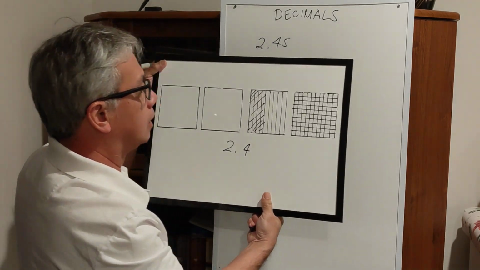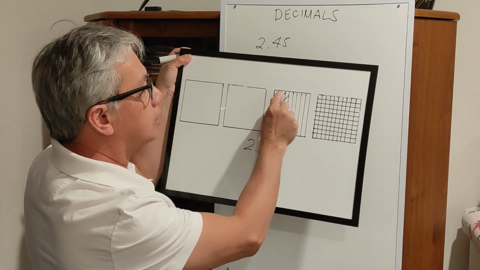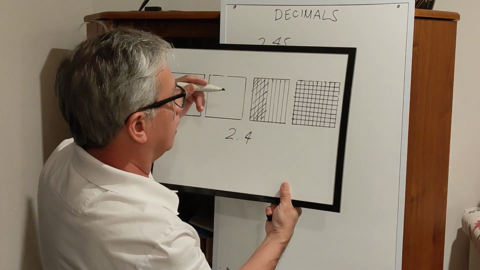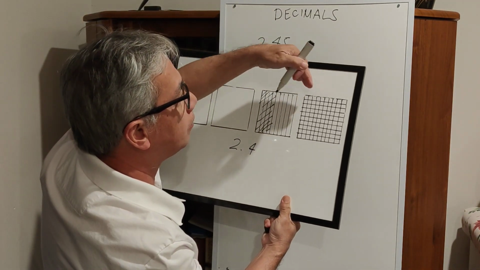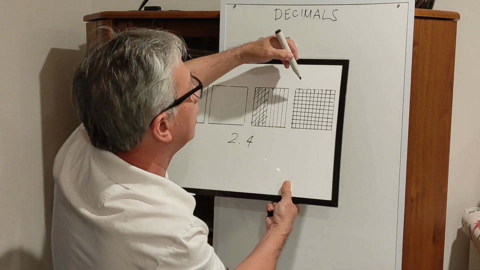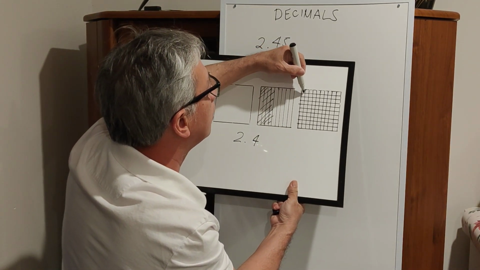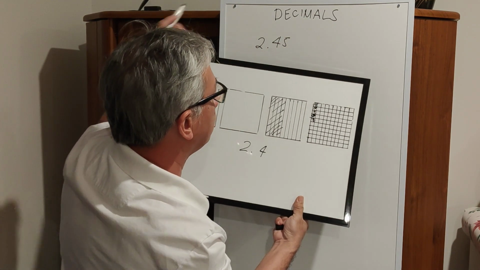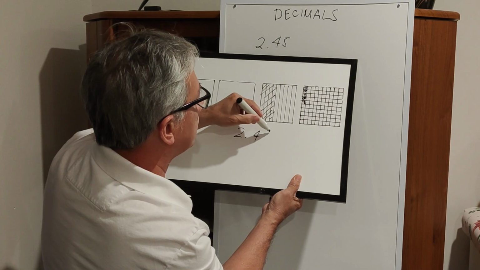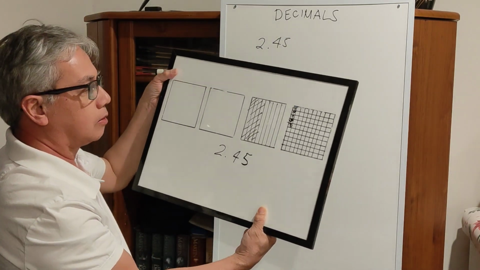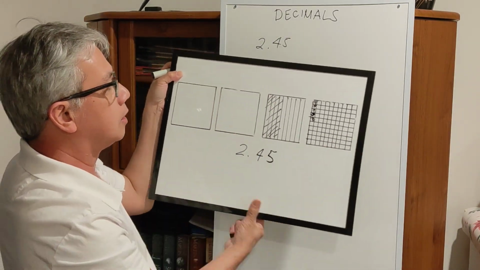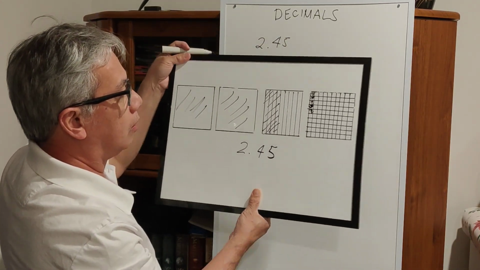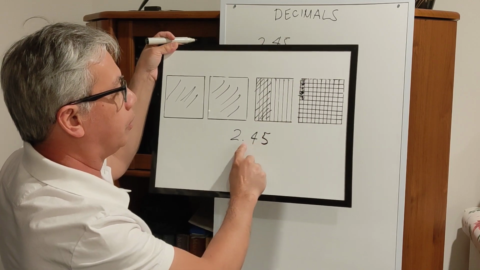This shaded area represents this 4, and then if you divide it by 100 and you take 5 of this, 1 2 3 4 5, so that represents 0.05. So that's 2, and 0.4, and then 0.05.